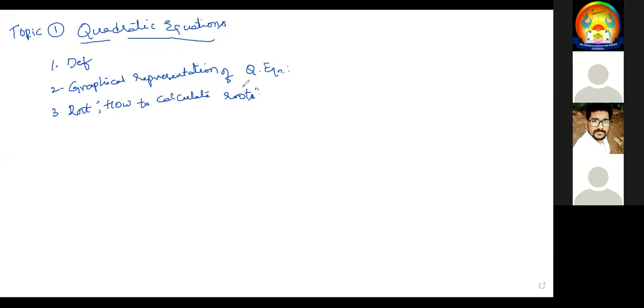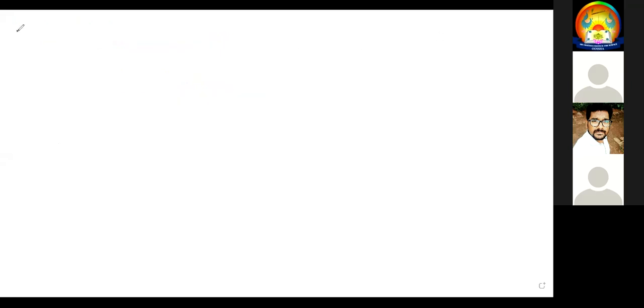Now today's topic is how to calculate the roots of a quadratic equation. So the topic name is to find roots of a quadratic equation.